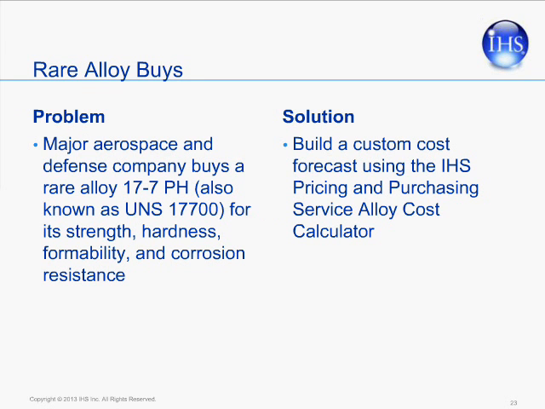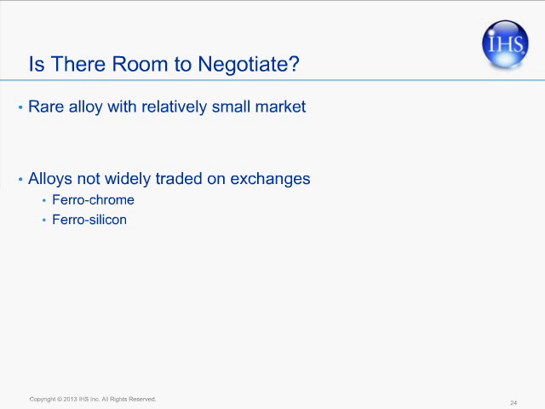So this is a case where we're going to build a custom cost forecast using the IHS Pricing and Purchasing Service alloy cost calculator as a way of getting around the usual difficulties with projecting out those alloy costs. So we start again with, is there room to negotiate? It's a rare alloy with a relatively small market, which can make it much more difficult to push back on suppliers. Many alloys are not widely traded on exchanges. I've used two examples here, ferrochrome and ferrosilicon, where the prices are going to be a little bit more difficult to come by.